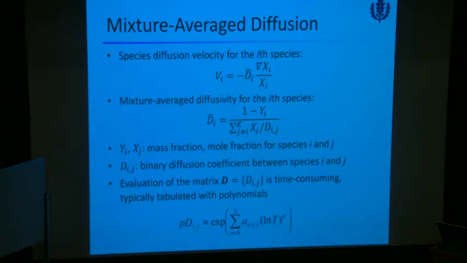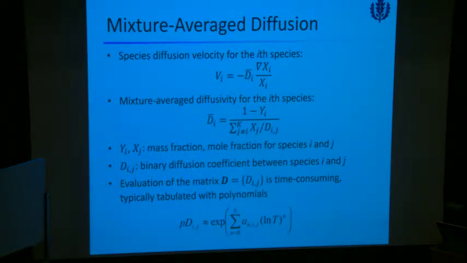So how can we evaluate this D? You need to compute a whole big square matrix of binary diffusion coefficients. For the binary diffusion matrix, if you look at the combustion books, you get long integrals, very complicated. So you cannot possibly integrate all those formulas on the fly during your simulation. So people tabulate them using polynomials, with polynomials inside an exponential function.